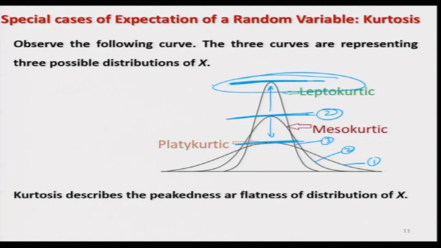And if the hump of the curve is lower than the hump of the mesokurtic curve, then it is called platykurtic. Right. So, this is the property of kurtosis, which describes the peakedness or flatness of the curve of the distribution of x.